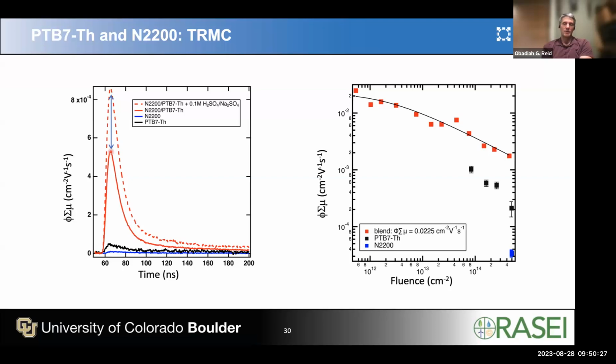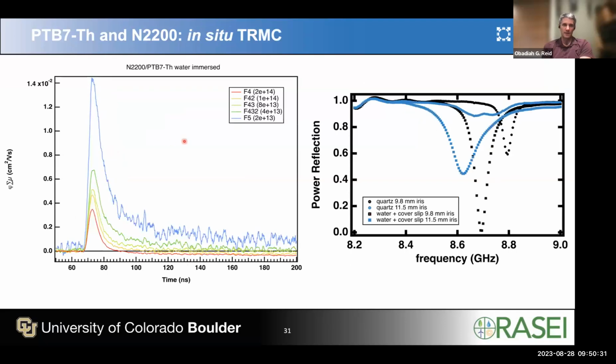And tried a variety of configurations. What we've landed on is, in a way, the simplest thing you can imagine, which is: take one of our microconductivity substrates with the thin film on it, put a droplet of your electrolyte or water on that, cover it with a cover slip, put it in our microwave cavity, and do the measurement.